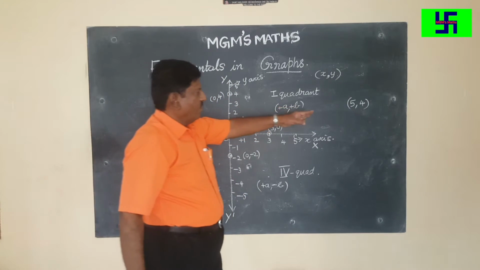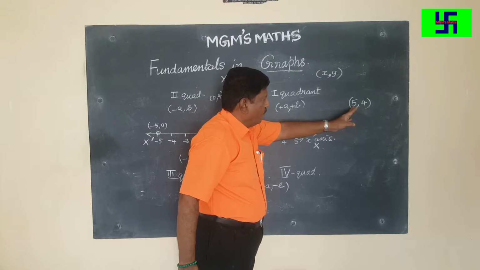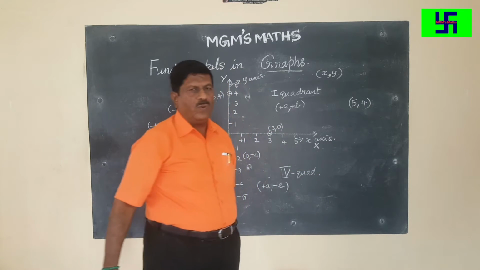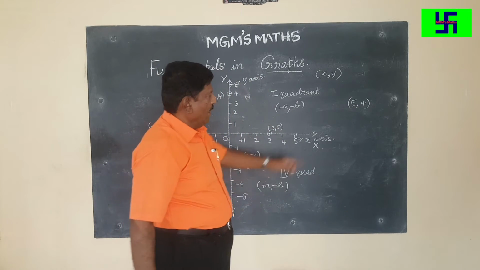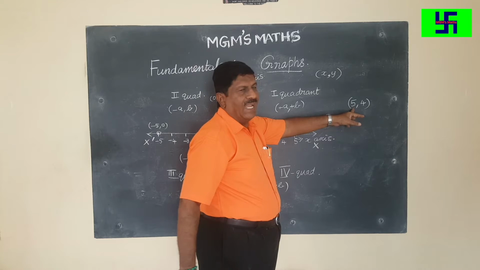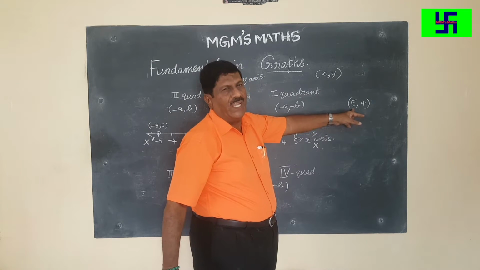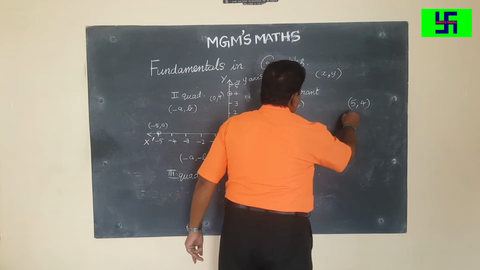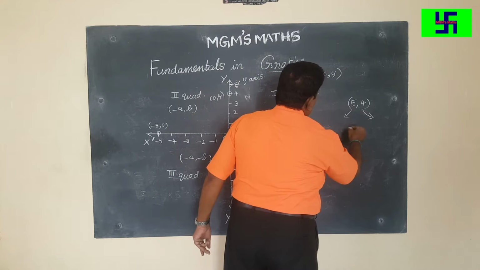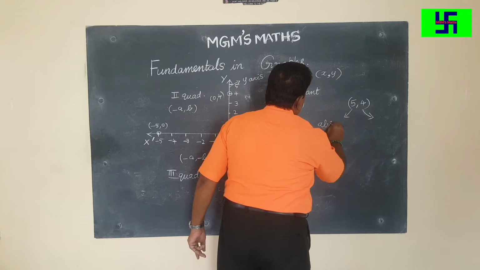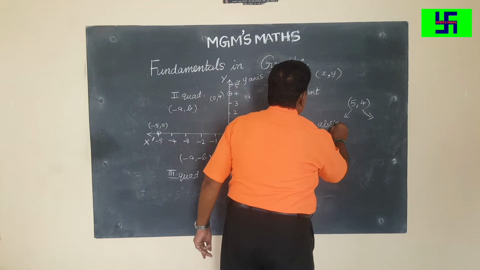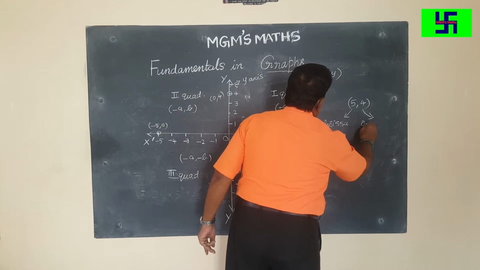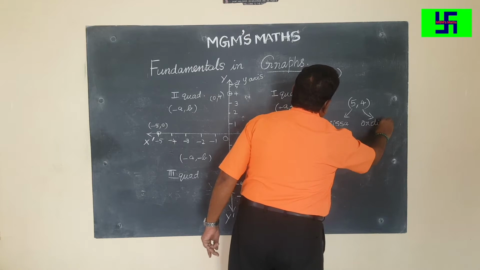Now, when I write a point, let us say plot 5, 4. X is 5, y is 4, but we call 5 the abscissa. 5 is called the abscissa. And 4 is called the ordinate.